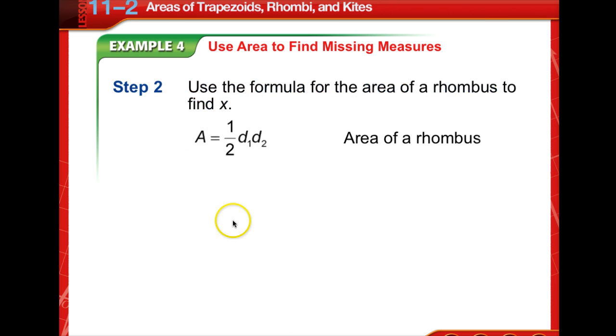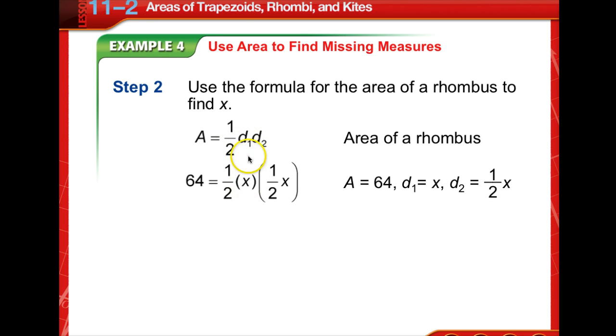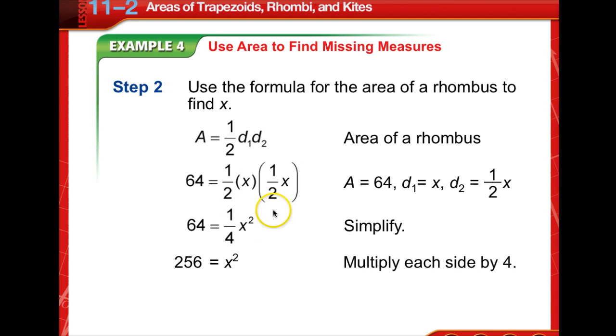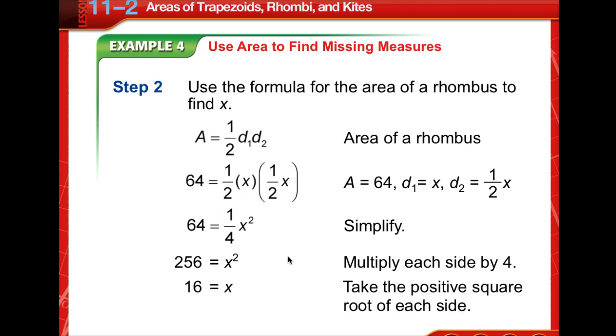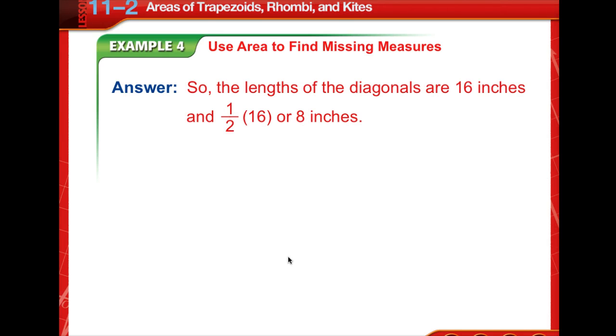Use the formula for the area of a rhombus. Substitute in x for one of the diagonals and half x for the other, and simplify. 1/2 times 1/2 is 1/4. X times x is x squared. Multiply both sides by 4 to get rid of your fraction, and take the square root of both sides. So the lengths of the diagonals are 16 inches and half of 16, which is 8.